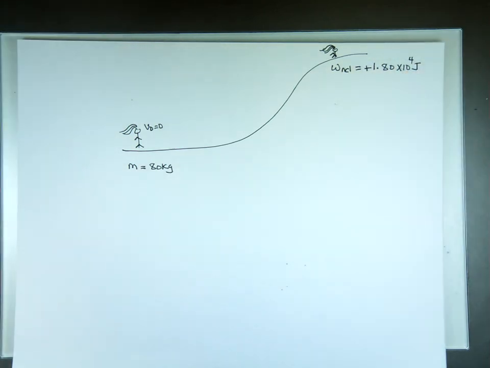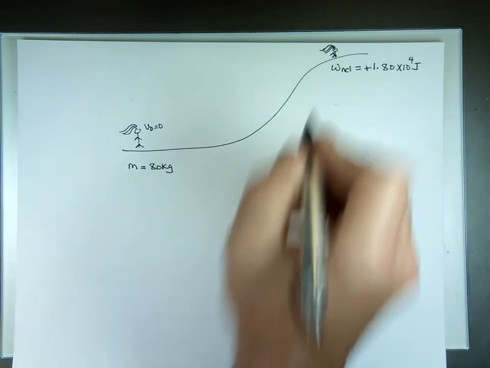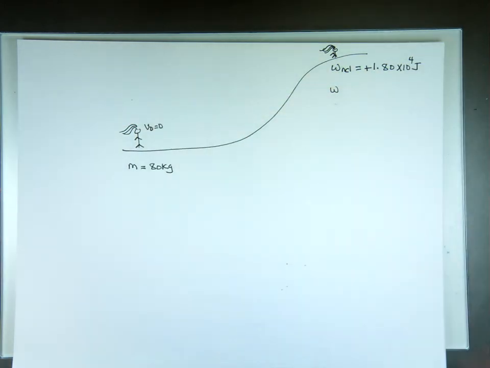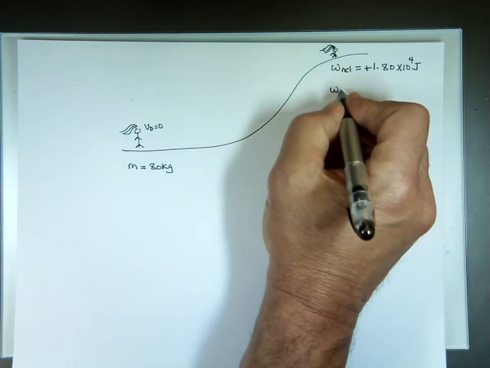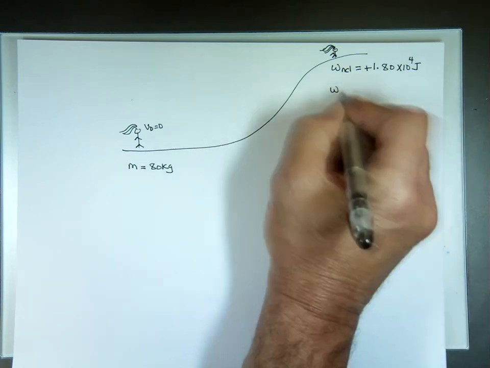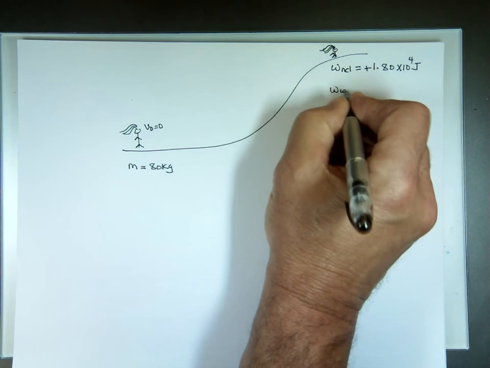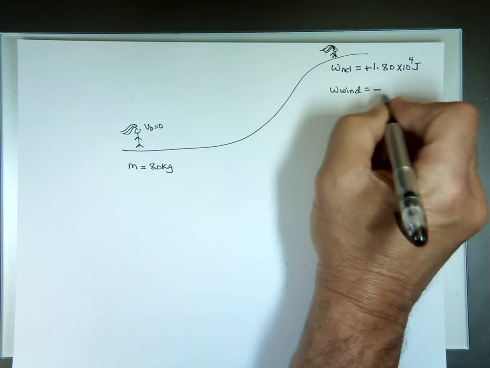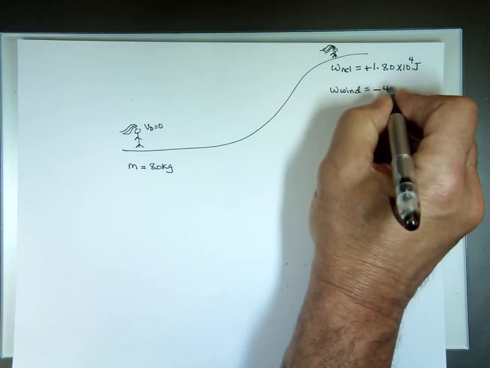I'll explain what that is. The work done by the wind. Remember, she was running into a stiff wind, a stiff breeze. The work done by the wind here, the breeze, is negative 4,420 joules.